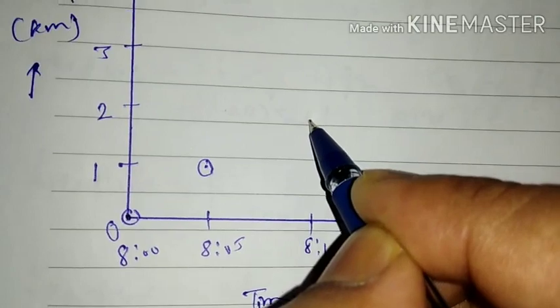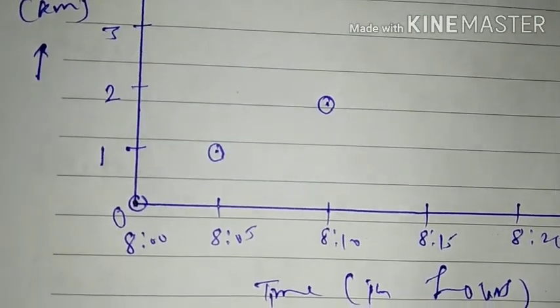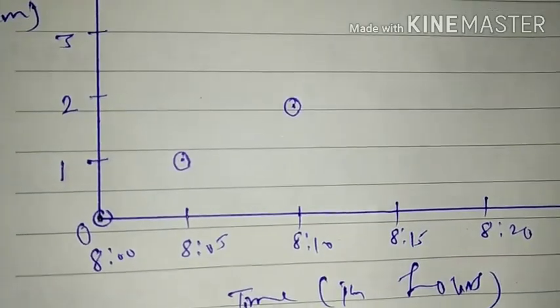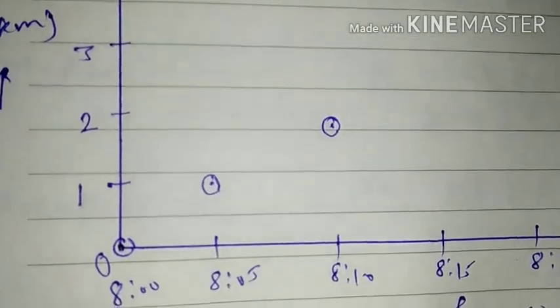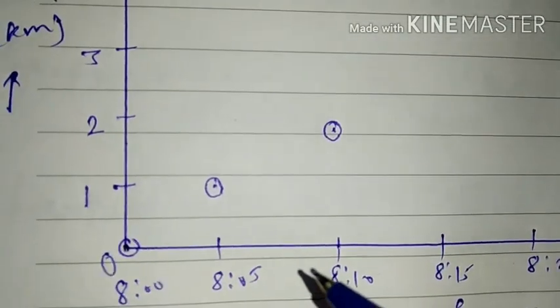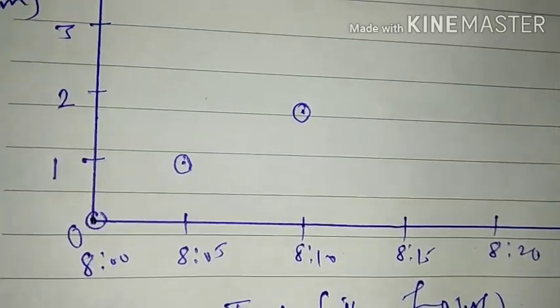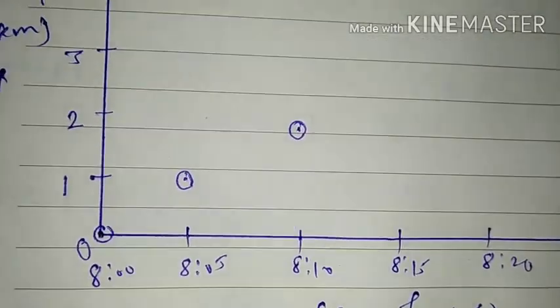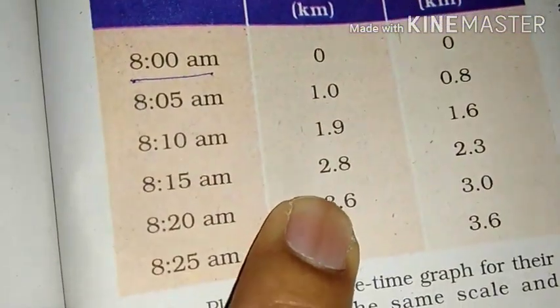You can use graph papers to draw these graphs more scientifically. Just here we are giving the symbolic representation of graphs, because it is not actual graph paper. On actual graph paper, you may trace it more scientifically. Now see, at 8:15, the distance traveled is 2.8 kilometer.